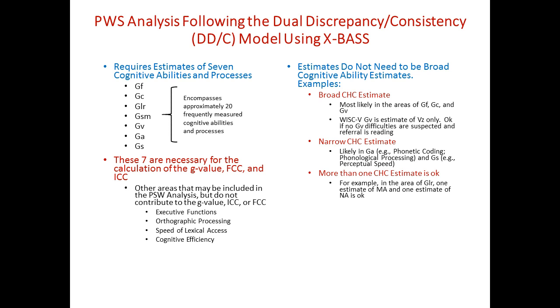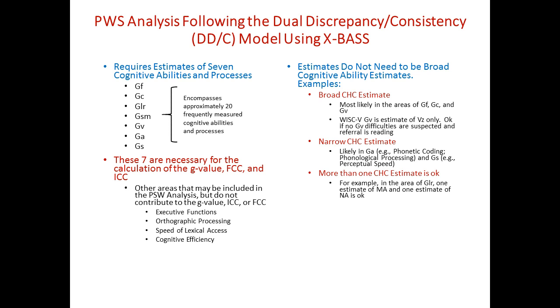So executive functions, orthographic processing, speed of lexical access, cognitive efficiency. These are all additional areas that don't really have a nice little home in CHC theory, but are nevertheless important processes that are often evaluated within the context of SLD evaluation.